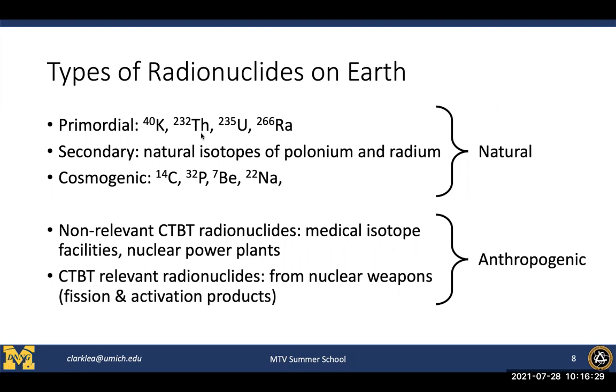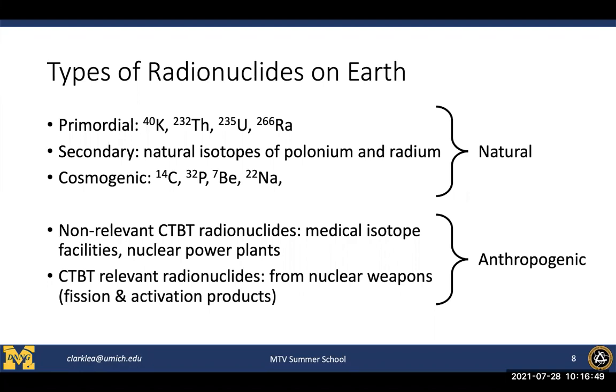So we have thorium-232, uranium-235, and these radionuclides have very long half-lives. Thorium-232, for instance, has a half-life of about 14 billion years. So those aren't going away through decay anytime soon.